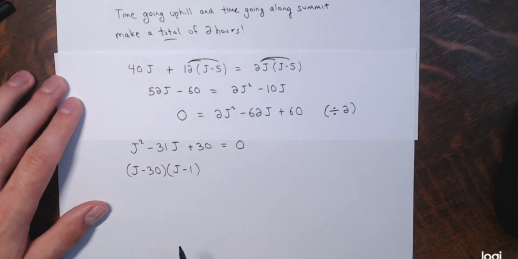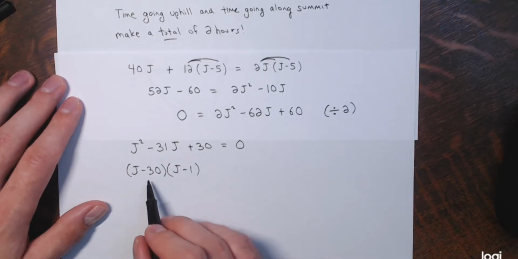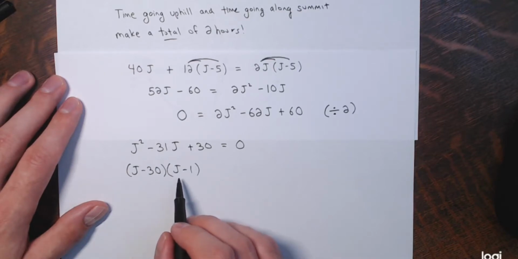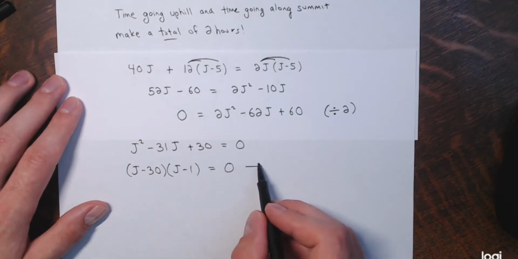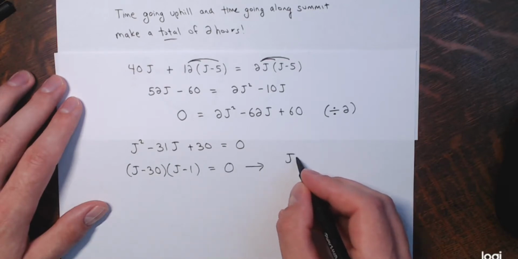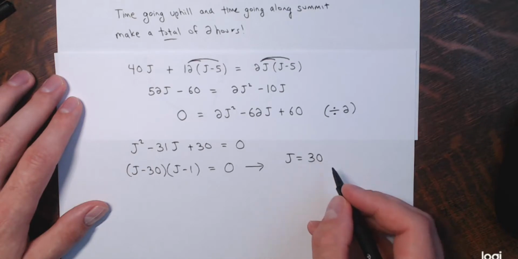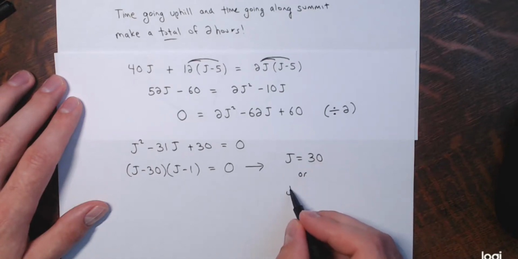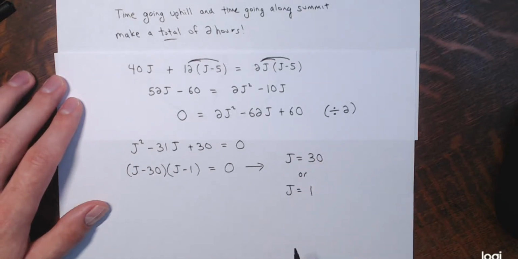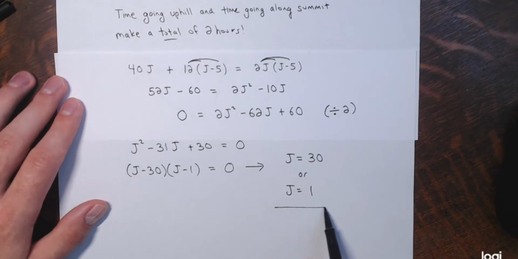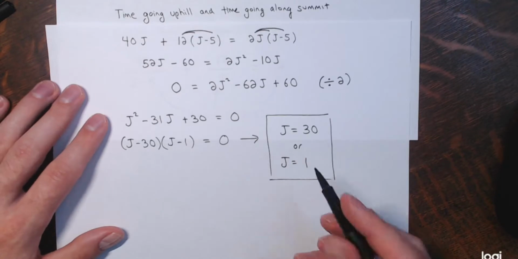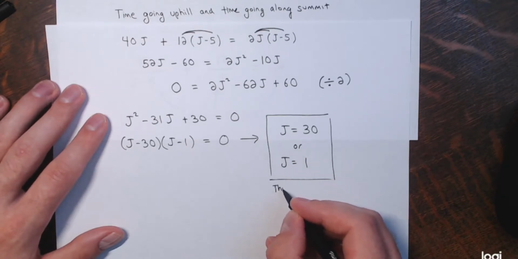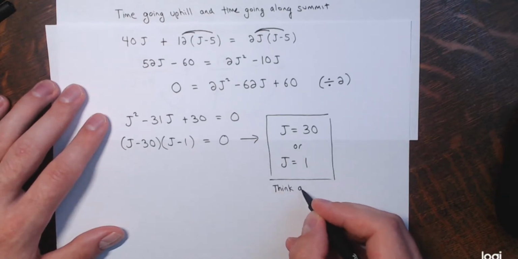Right. j minus 30 times j minus 1 would give me this. And this would only be equal to 0 if j were equal to 30 or if j were equal to 1. Now, as with other word problems you've probably seen in the past, think about what actually makes sense.